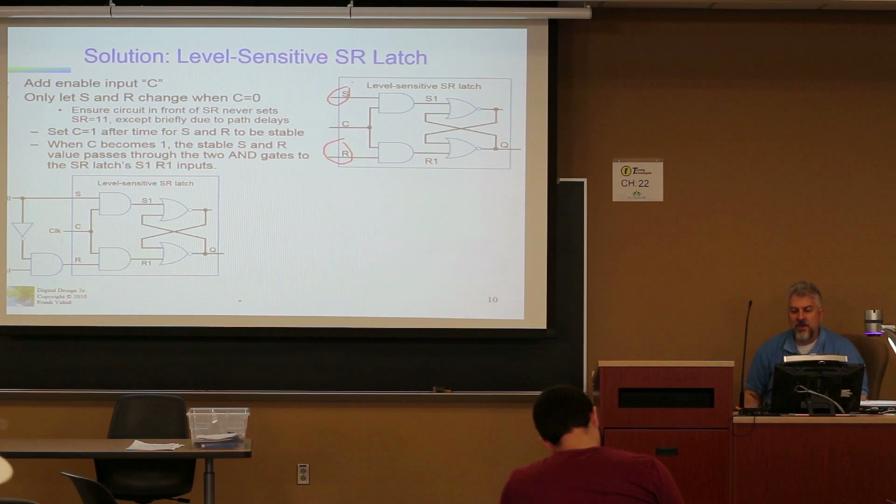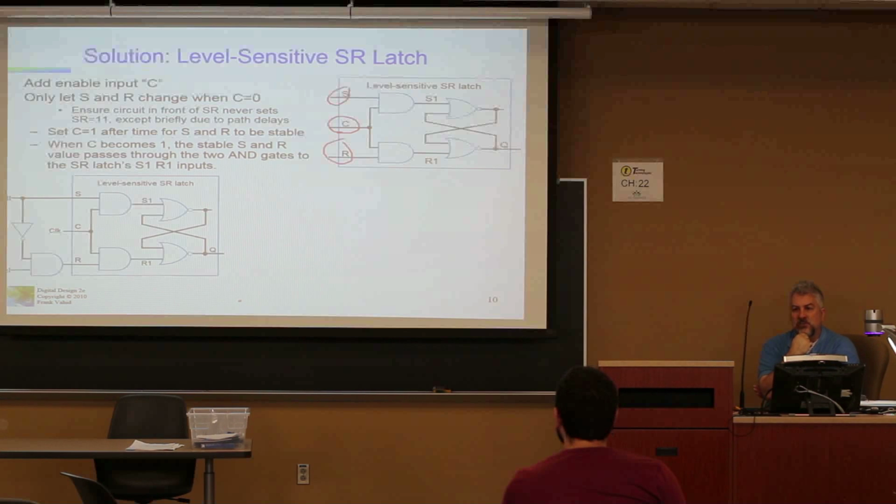So now we have an input S, an input R, and an output Q, and on top of that a specific clock, which means now that we're synchronously making changes inside of this digital logic circuit.